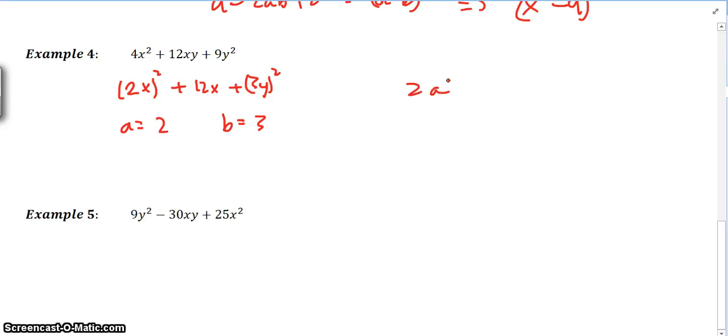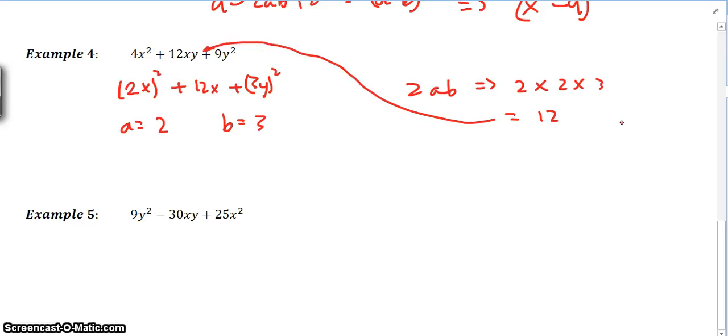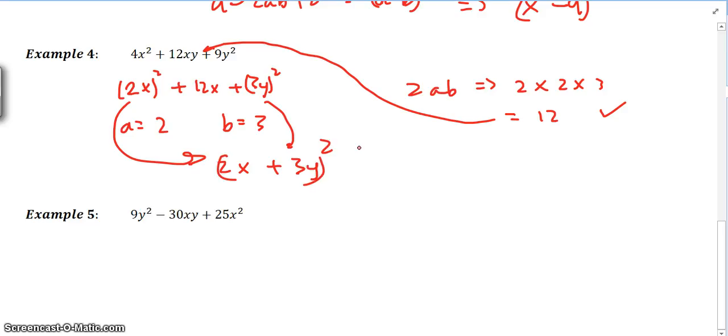If we check 2ab, we have 2 times 2 times 3, which is 4 times 3, which is 12, and that does satisfy what's in the question. Therefore it is a perfect square, so this reduces down to (2x plus 3y) squared.